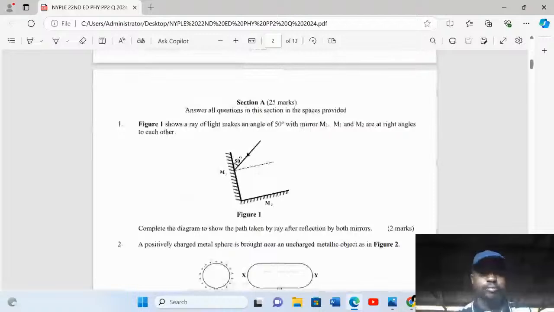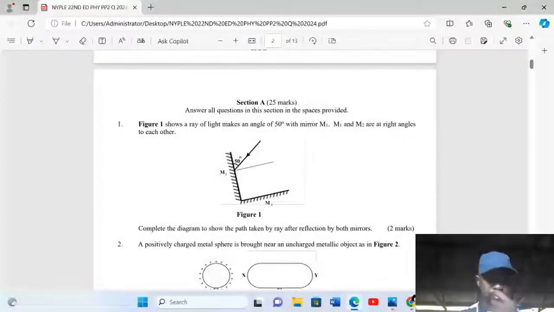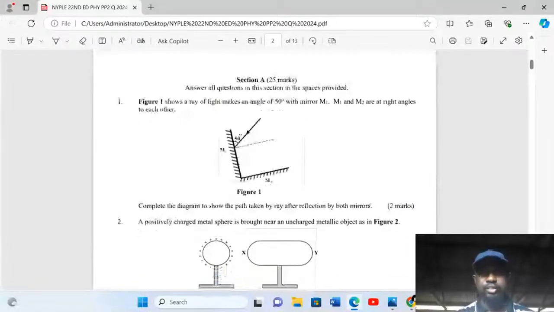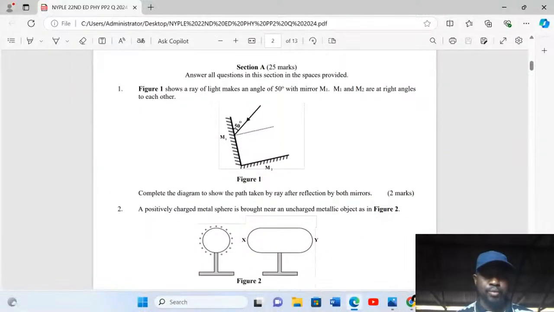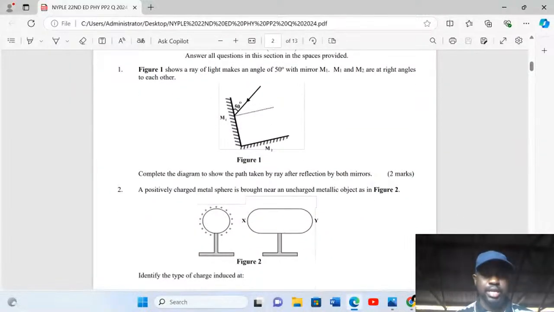Welcome to question 1, which reads: a ray of light makes an angle of 50 degrees with a mirror M1. Then M1 and M2 are at right angles to each other. Then you are told, complete the diagram to show the path taken by the ray after reflection by both mirrors.